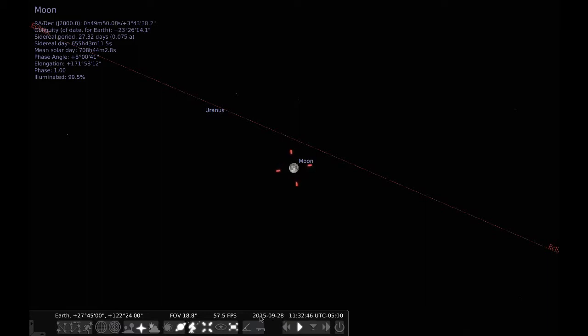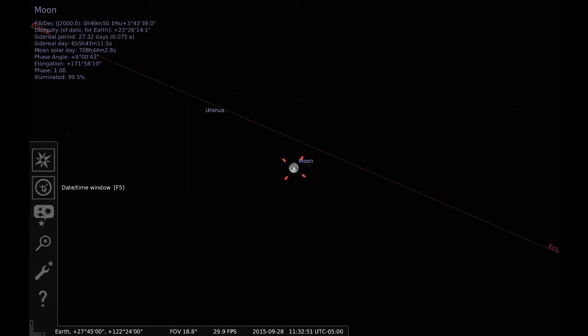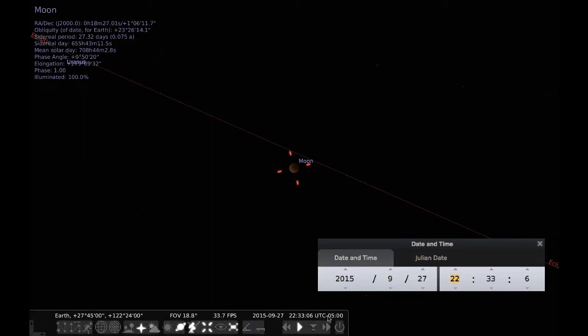September 28th, 2015. You see, it's a little bit off again, 99.5. So let's try and find exactly when the full moon happens. We'll go back a little bit. 99.8, 99.9, 100%. Oh, look, there's an eclipse. In fact, this date, September 27th, 2015, 10:30 Eastern Standard Time.